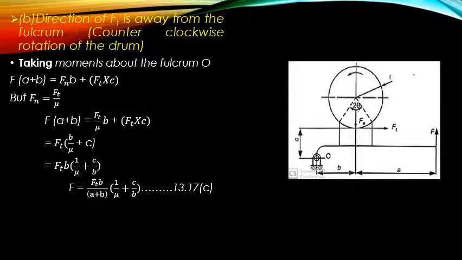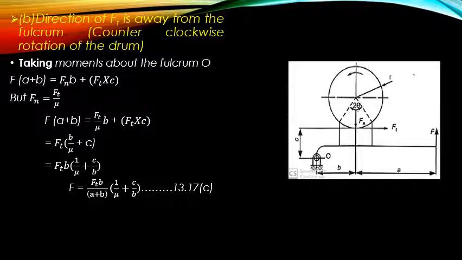Taking moments about the fulcrum point O, as we did in the last case, F into (A plus B) is equal to Fn, the normal force, into B plus Ft into C, where Ft is the tangential force and C is the distance to the fulcrum. We know that Ft can be expressed in terms of the normal force as mu into Fn, or Fn is equal to Ft by mu.